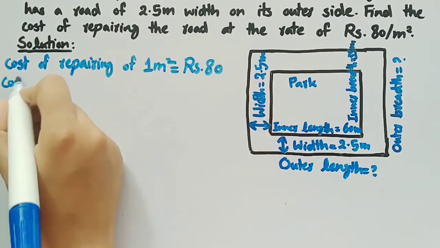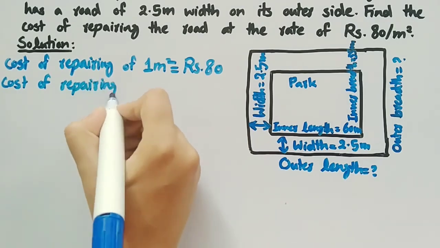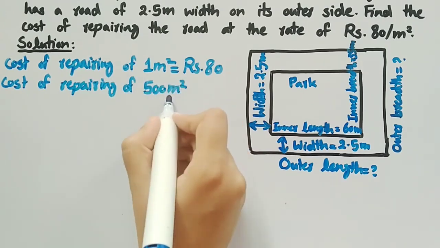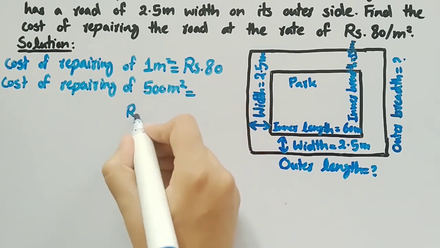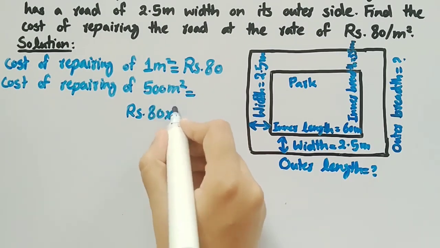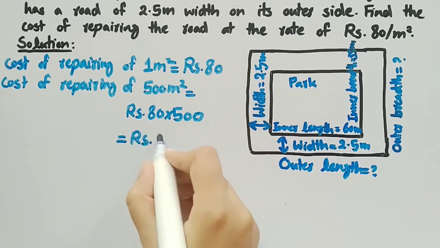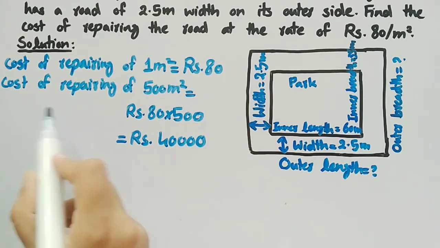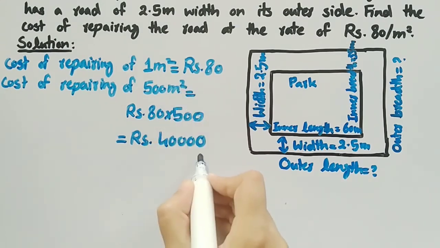So cost of repairing of 500 meters square, that is the area of the road, is equal to rupees 80 multiplied by 500, that is equal to rupees 40,000. So cost of repairing the road, that is cost of repairing 500 meters square, is equal to 40,000 rupees. And this is the solution of the given word problem.